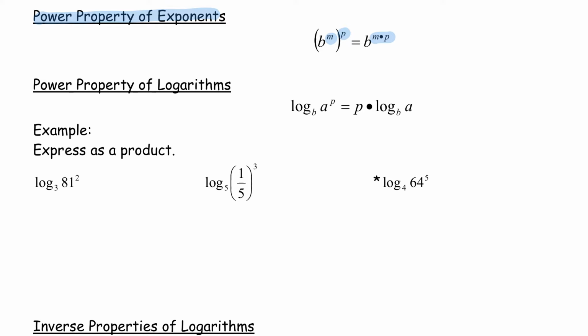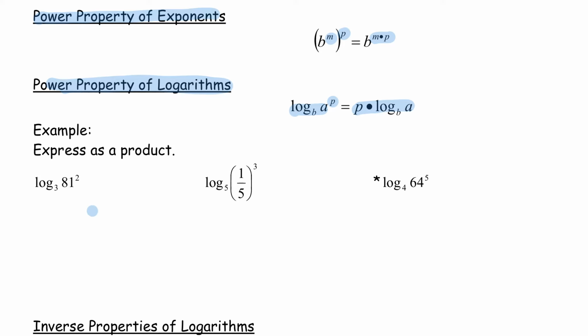So we have this logarithm that's raised to a power. Well, what you can do with logarithms is you can make it into a product and vice versa. So there's two directions on this also. You can make it into a product, or you can make it also into an exponent.